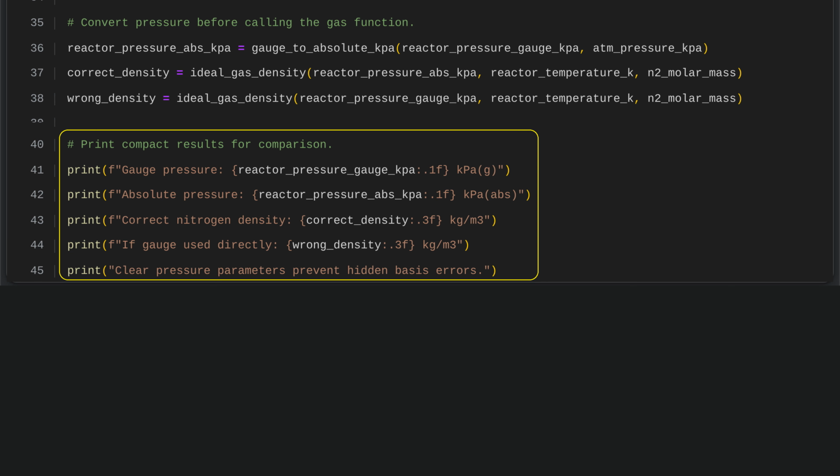It reports both gauge pressure and absolute pressure, then shows the correct density based on absolute pressure alongside the incorrect result from using gauge pressure directly. The key point is that pressure must be clearly defined, because confusing gauge and absolute pressure can create hidden calculation errors.